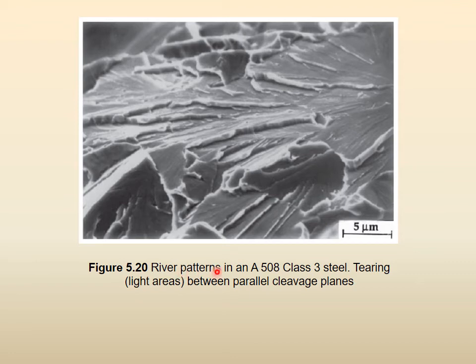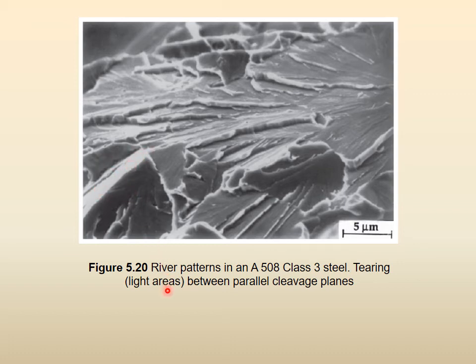So river patterns in an A508 class 3 steel. Tearing, the light areas. You see, this is a dark area, and this is a dark area, and this is a dark area. But these light areas are between two planes, right? So here a cleavage facet is there, there a cleavage facet is there. Between them there is a tearing.